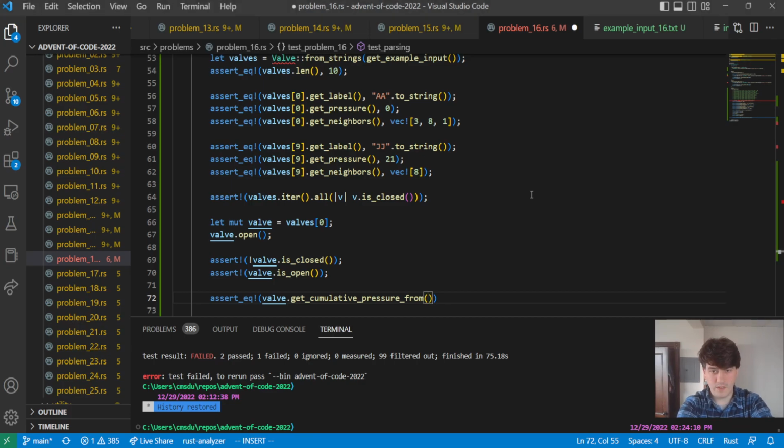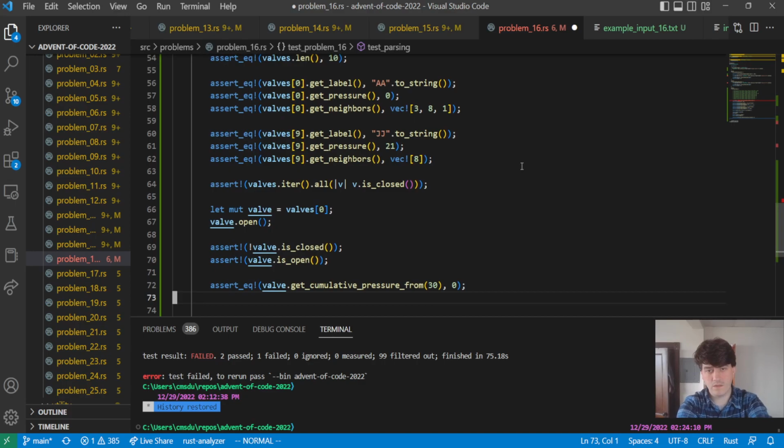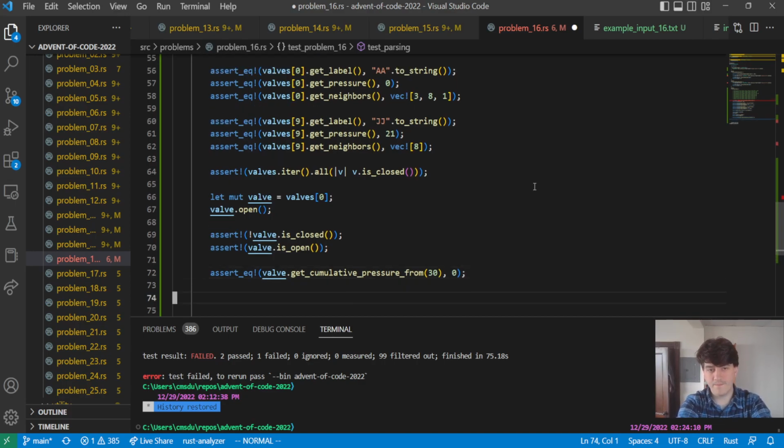So let's do from, if it's opened at 30, it should be 0. If it's opened at 29, it should be, oh, it's still going to be 0.